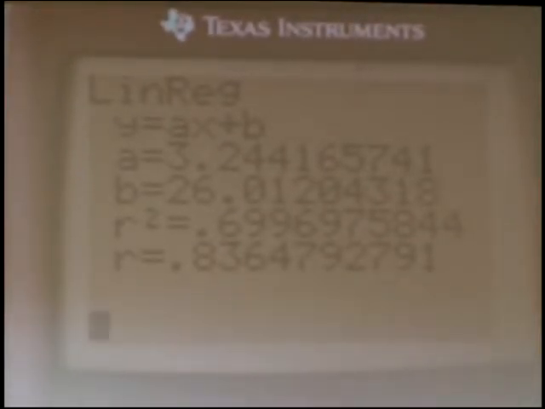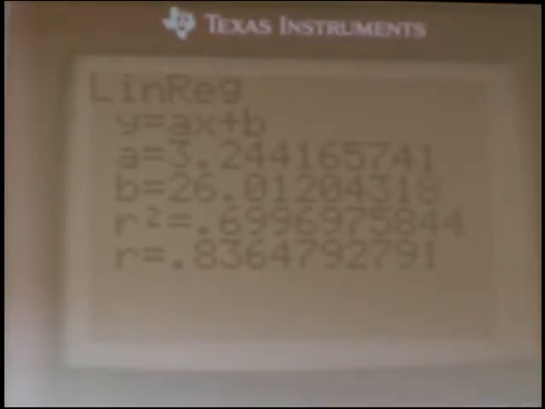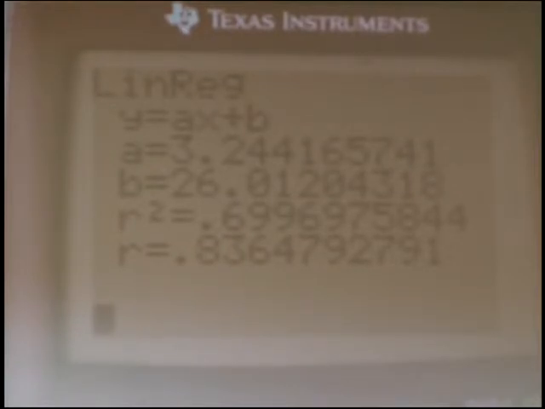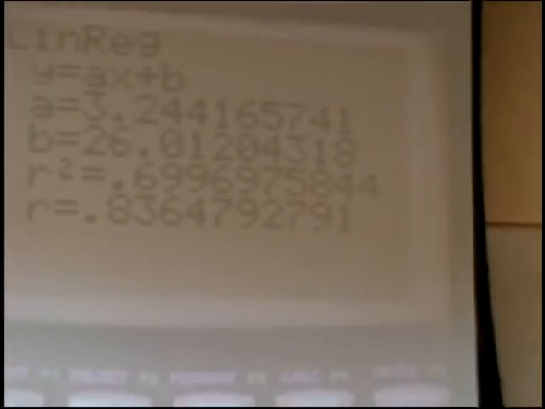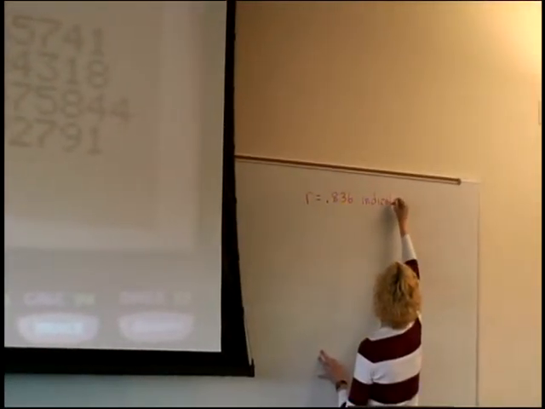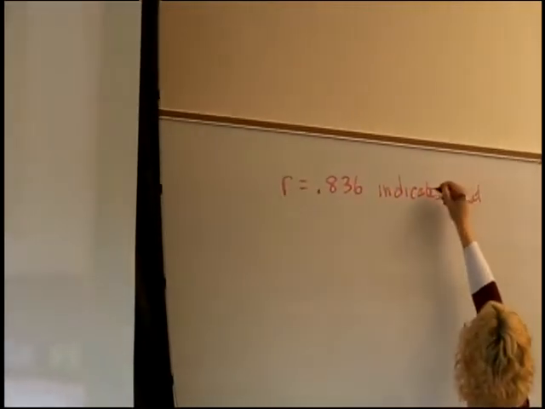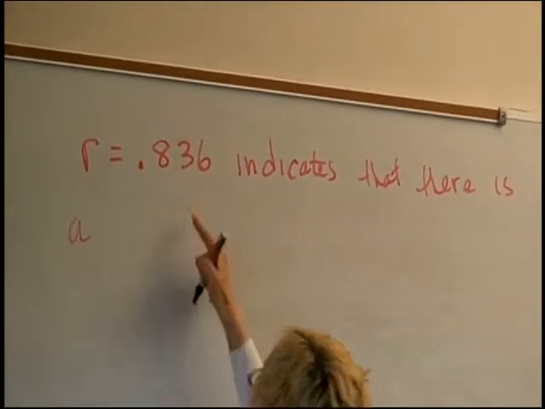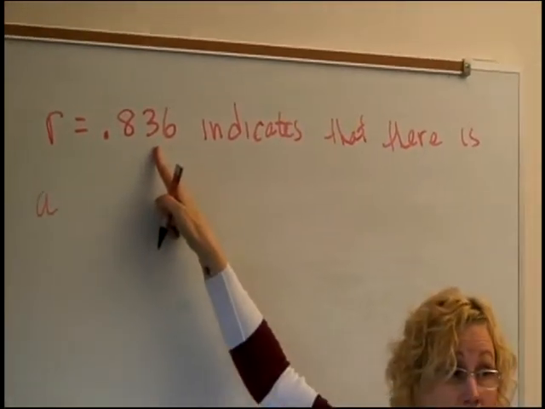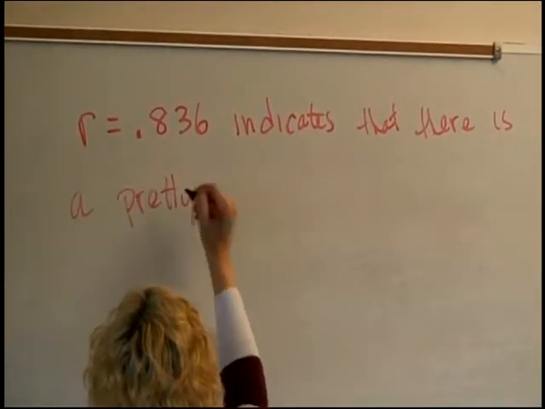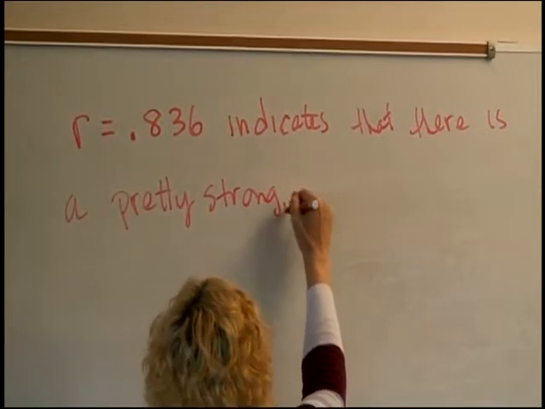Okay, that's a pretty rockin' R value, right? 0.836. R of 0.836 indicates that there is a pretty strong, wouldn't you say? Pretty strong what?